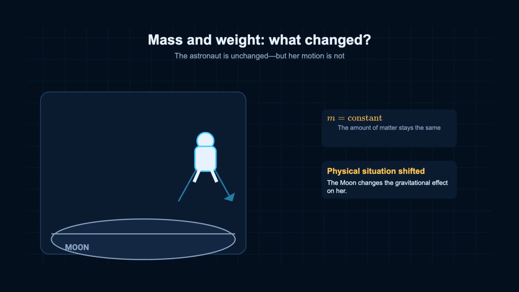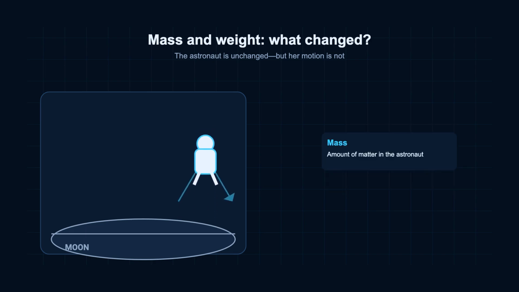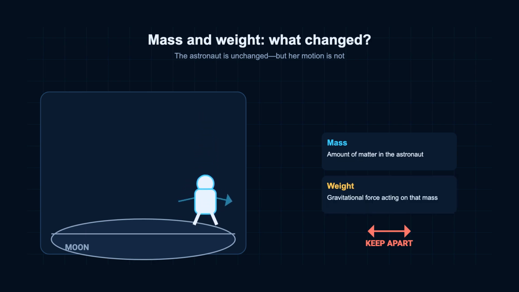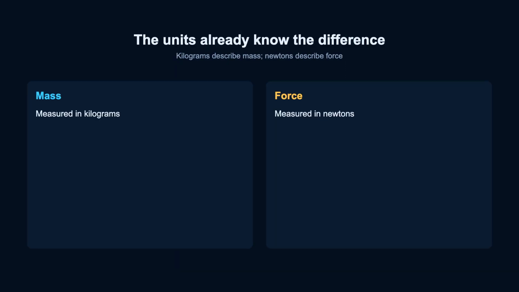That puzzle is the key to understanding two words people use interchangeably every day, but which physics keeps firmly apart: mass and weight. You already know from ordinary life that kilograms belong with mass and newtons belong with force.